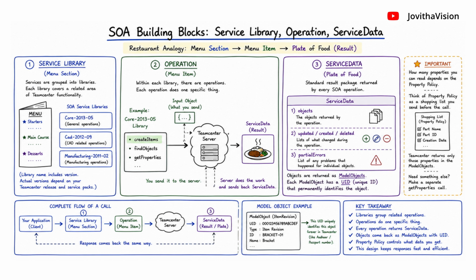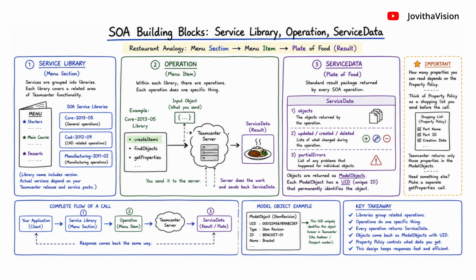In SOA, services are grouped into service libraries. Each library covers a related area of Teamcenter functionality. For example, the core library handles general Teamcenter operations. The CAD library handles CAD related operations. The manufacturing library handles manufacturing operations.